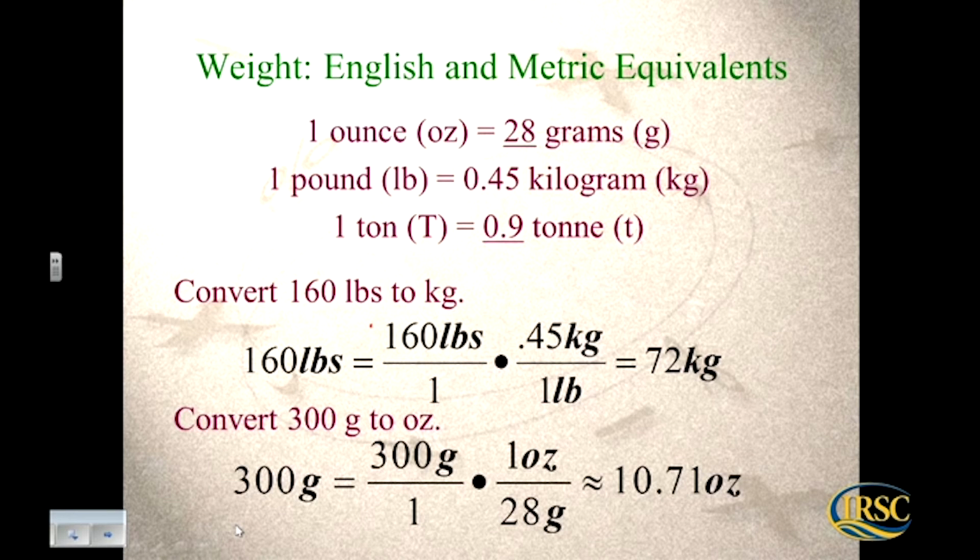So 300 grams over 1 times 1 ounce over 28 grams, which means you have to divide the 300 divided by 28, giving you approximately 10.71 ounces. So any questions on converting your measurements of weight?